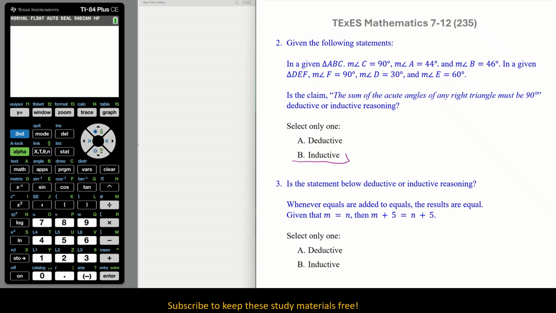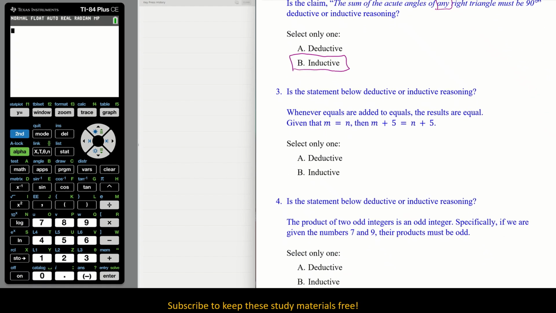Obviously, these statements are examples of triangles. And the fact that it says given here, and then you go down to your conclusion or claim, it says any. Well, there's many, many right triangles, so that's definitely general.